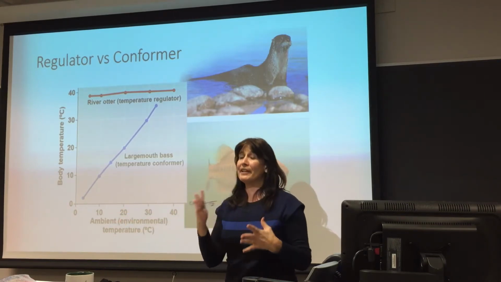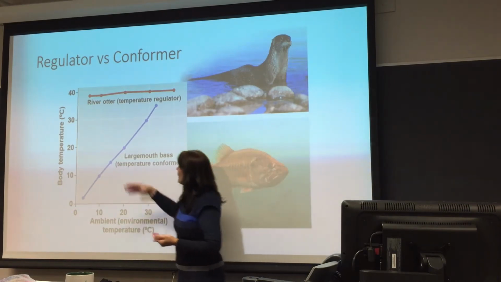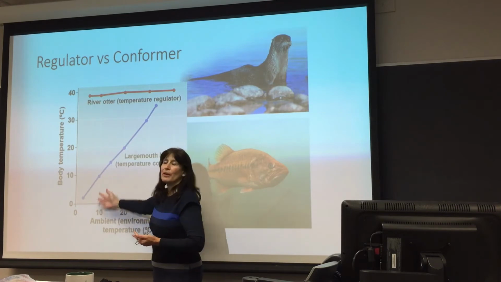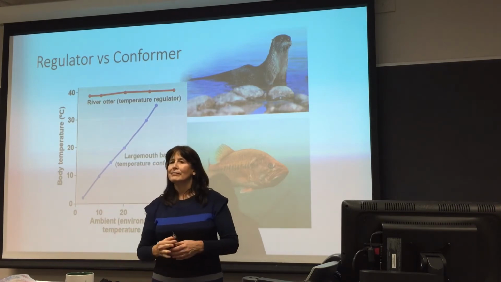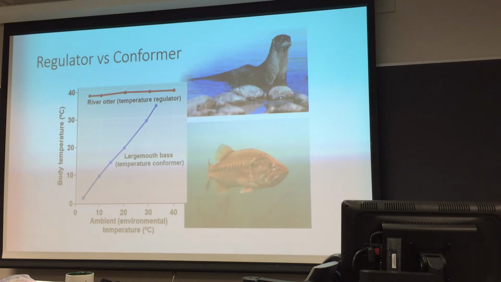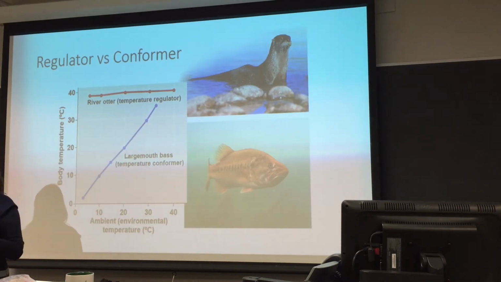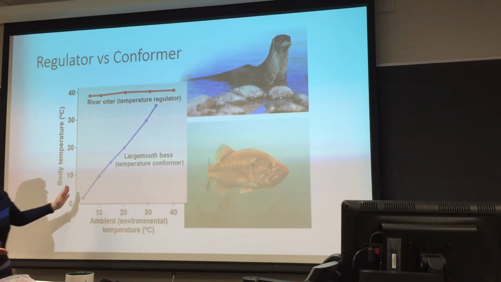Let's look at some of the advantages and the disadvantages of each of these. What might be an advantage of just going with the environment? Yes, that is the biggest advantage. If you think about how much energy we utilize to keep us at 98.6, that's a lot of energy, that's a lot of food we have to eat. Whereas this other organism isn't going to have to use that very large energy budget for regulation.